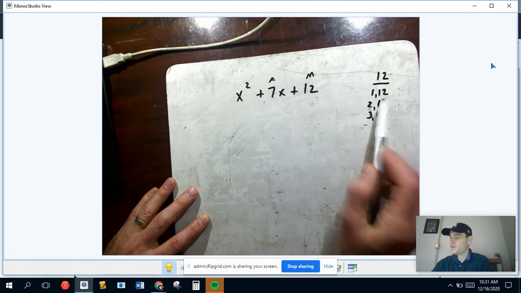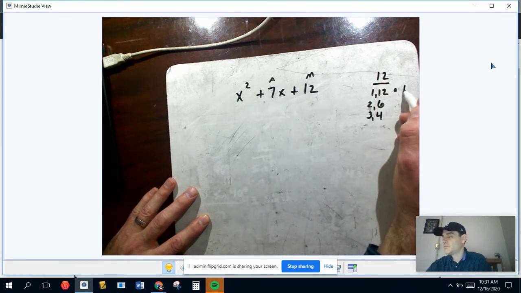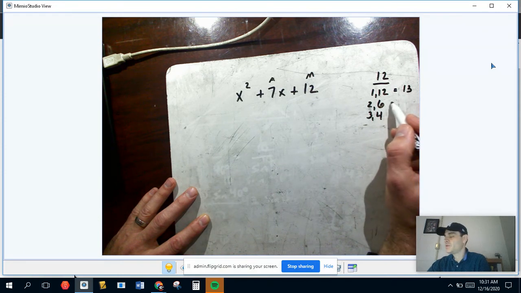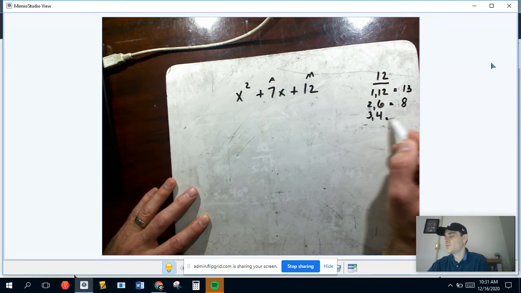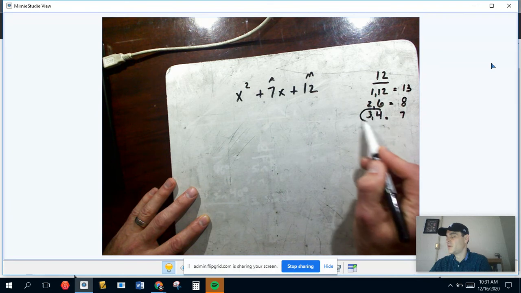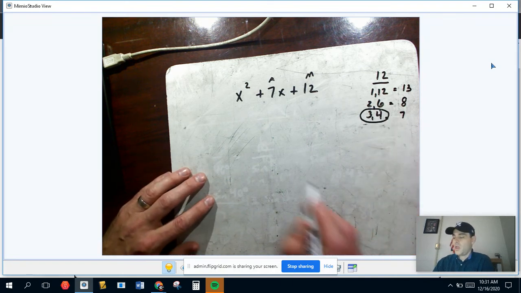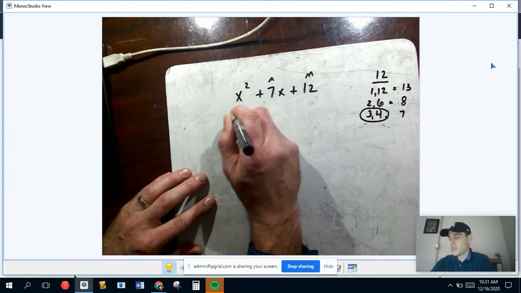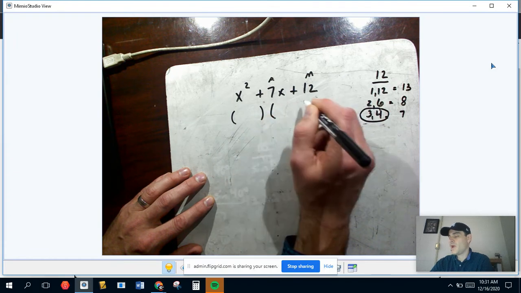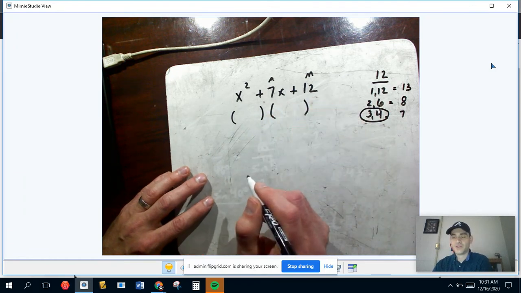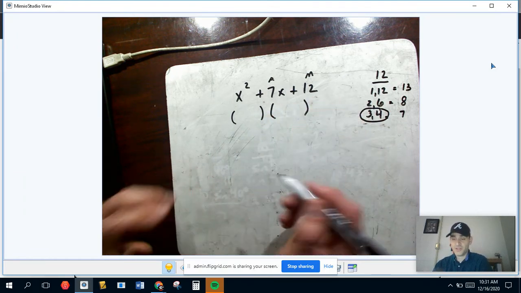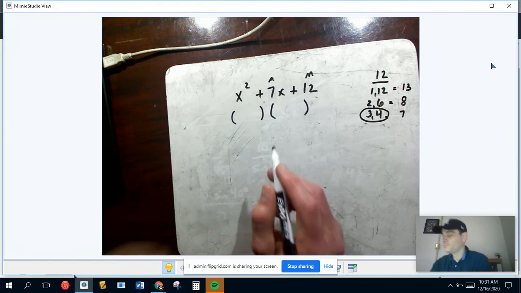Well, 1 plus 12 adds to 13. 2 plus 6 adds to 8. 3 plus 4 adds to 7. This is the combination that I want. All right, so here's what I do. I'm going to write two factors, and factors just means two things you multiply together.